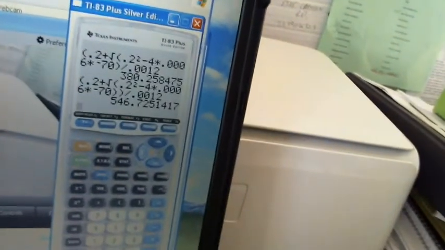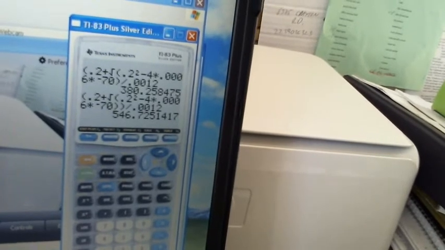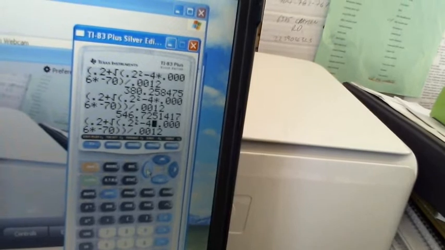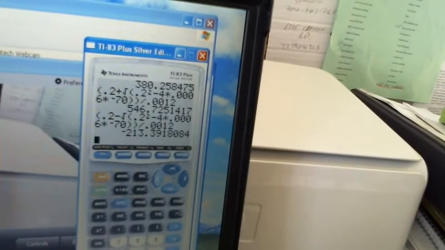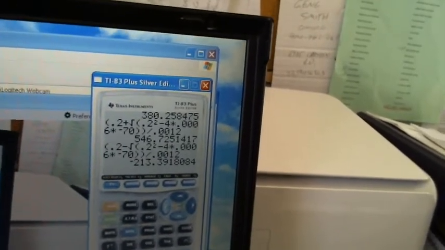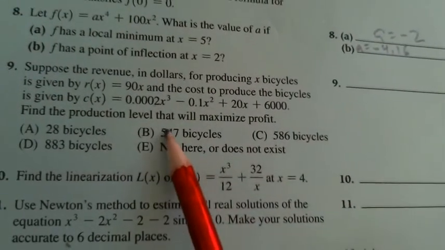And the other alternative, negative 213 bicycles. I don't think it's going to work. So let's say 546.7, and 547 bicycles is right here at B.